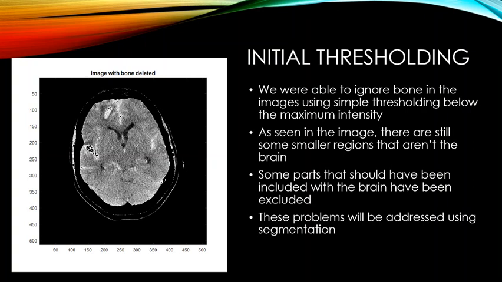There are some smaller regions within the brain that did exhibit this maximum intensity value, and those were excluded in this step, but we implemented some methods later on that were able to correct this and bring them back in.